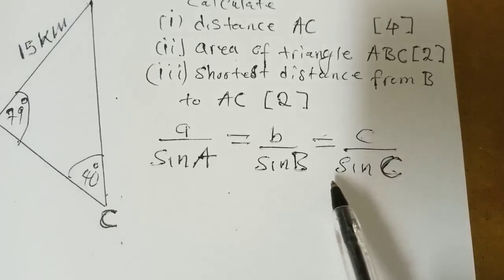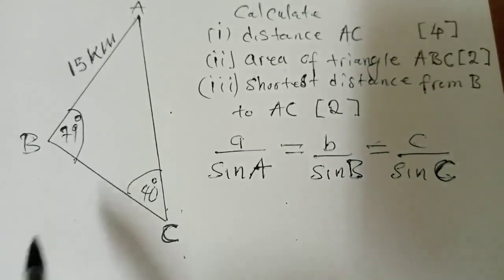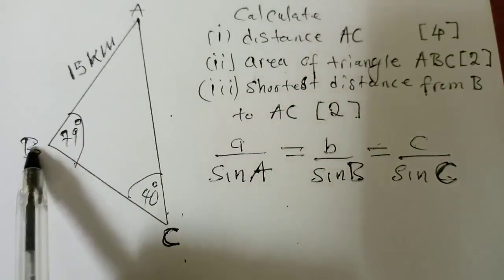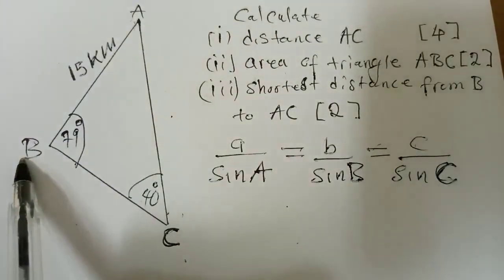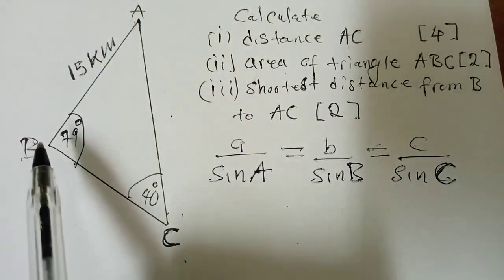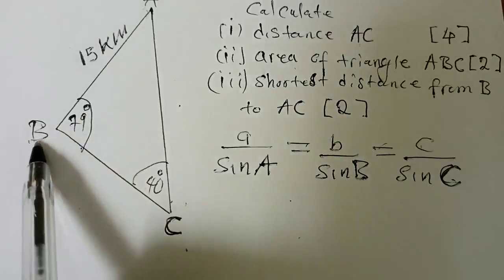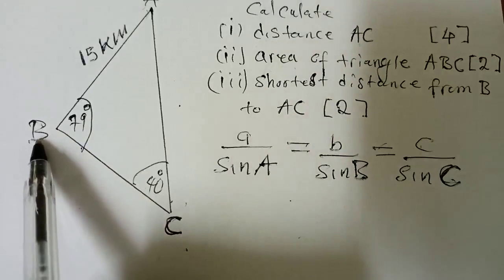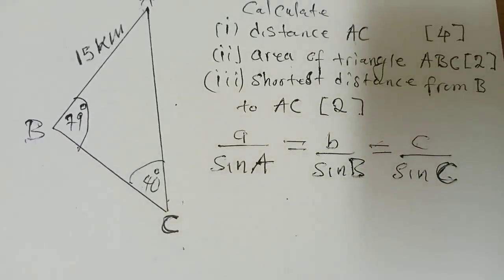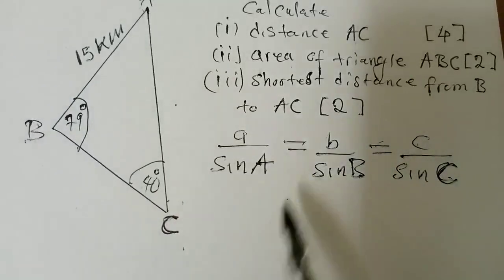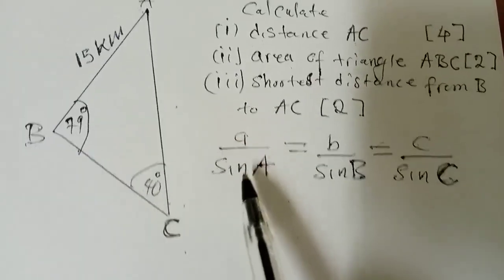All right, so this is the question now. So remember what I said. This capital B represents the angle, like I said in the previous video. The capital letter represents the angle, then the small letter represents the size or the length, or should I say the distance.